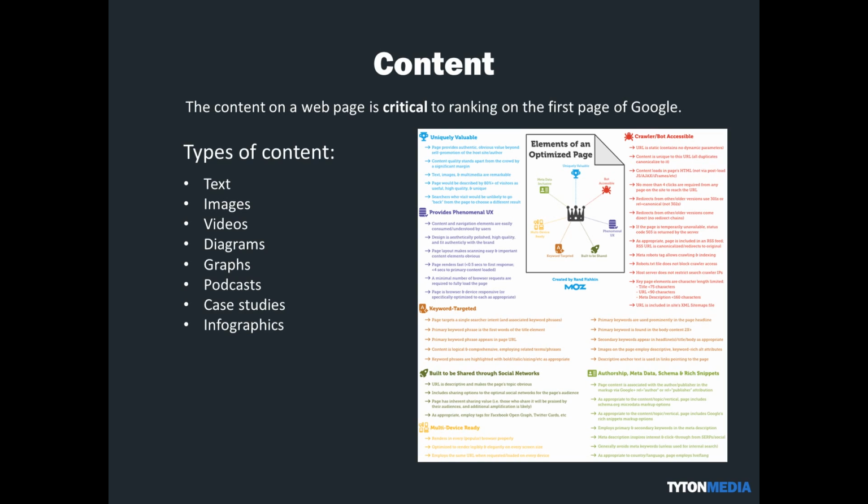People search for content every day, searching in Google, trying to find how to change your tire or where to find this or where to find that. All those results are content that Google uses to answer its searchers' questions.